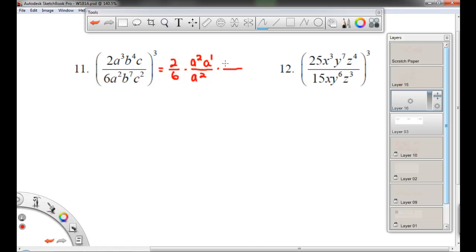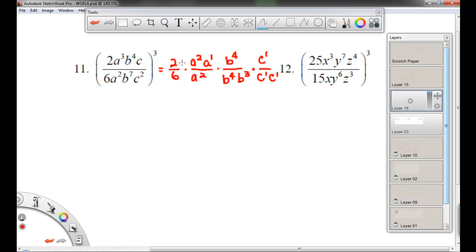I have b to the fourth on top, and b to the seventh has b to the fourth inside, and that will leave me b to the third power left over. And now on top here I have c to the first, and c squared has a c to the first inside of it.